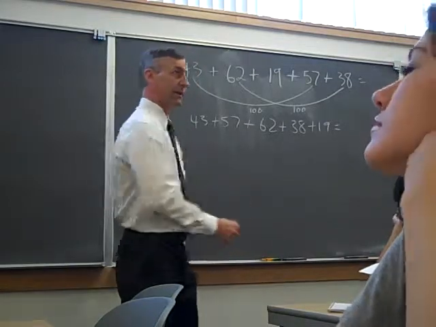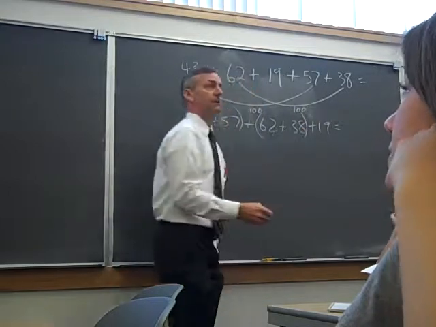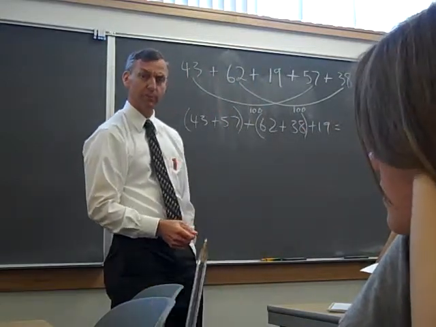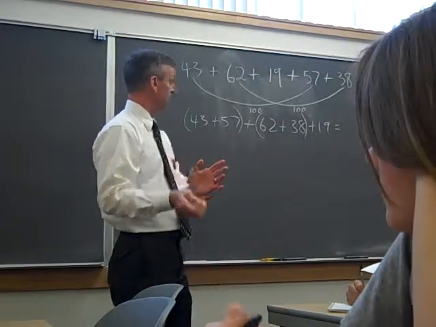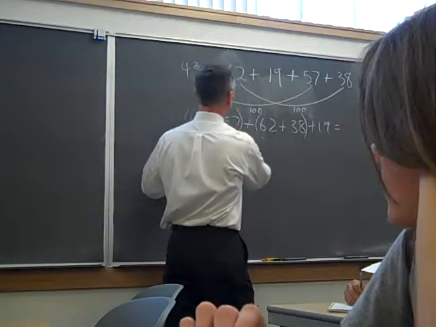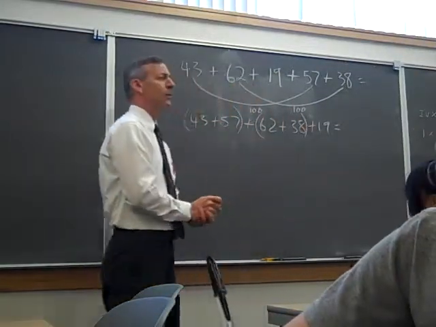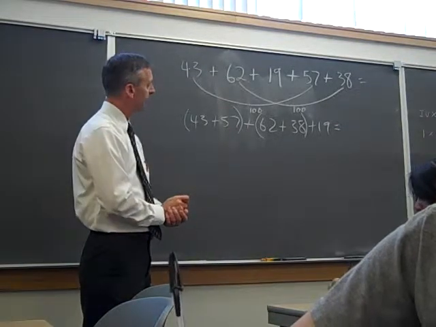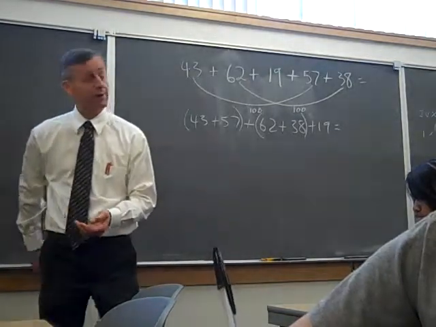Then I can do this. What's that called? Associative property, which says I can group them in any order I want. I don't have to go this plus this and then take that and add that. I can group them. So the commutative and associative properties allow us to do that.